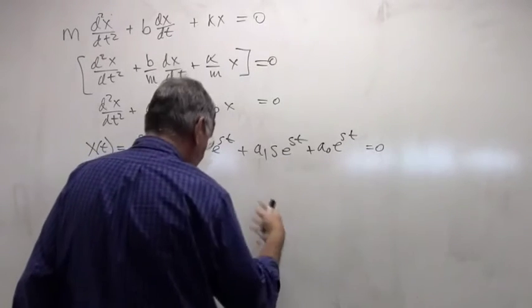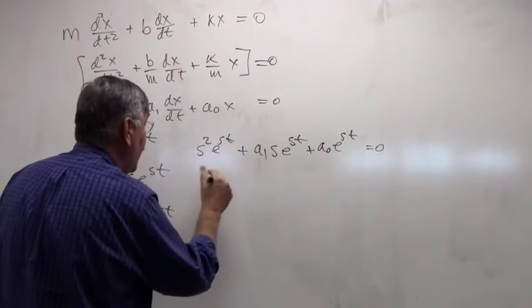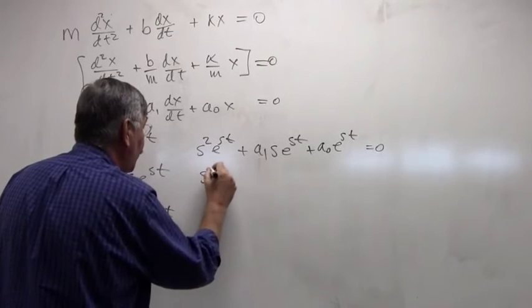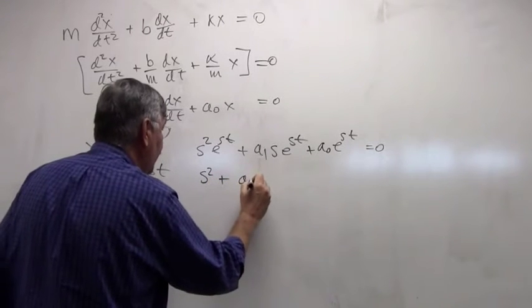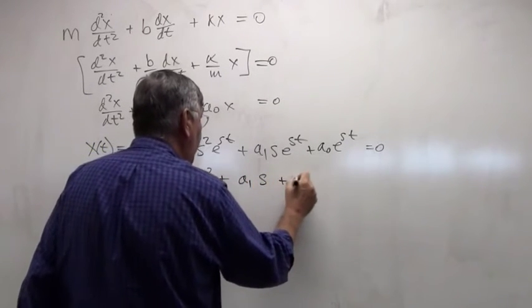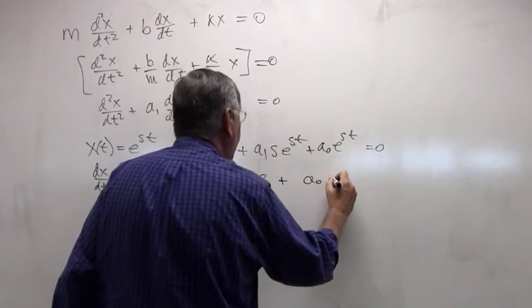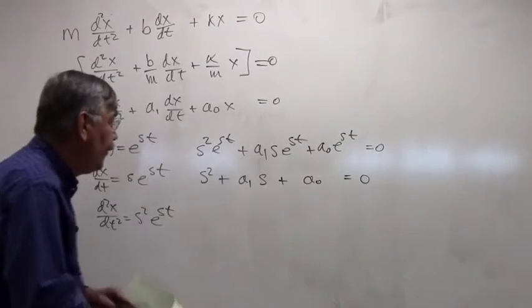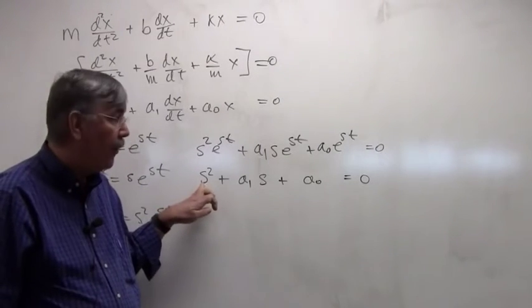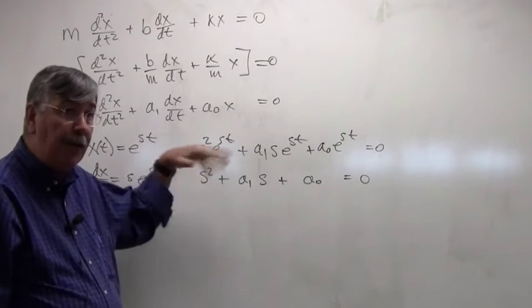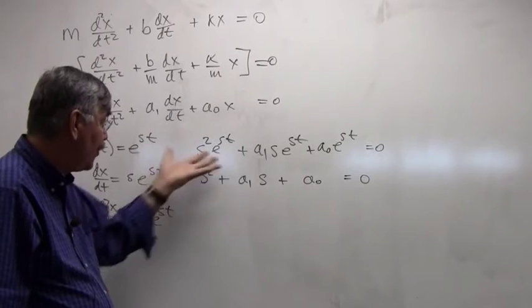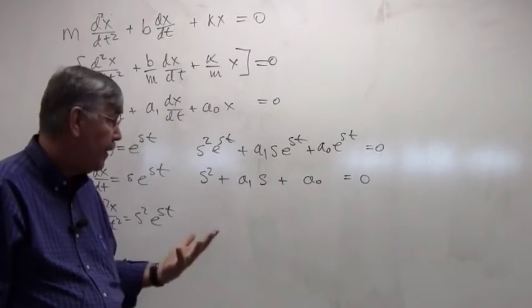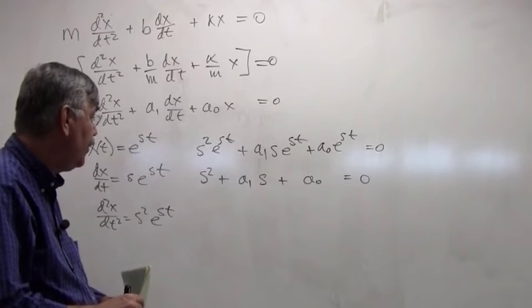It's never 0, so we can divide through by it, and that gives us this simple algebraic formula, s squared plus a1 s plus a0 equals 0. So the point is, if we can find roots of this polynomial, we can find the key things we need for the general solution of this differential equation.